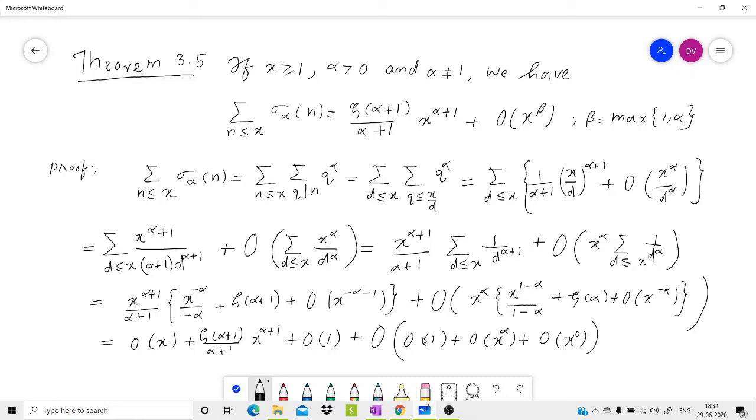So when we consider this bracket, of course, the power of x here is 0, and here the power of x is again 0. So that can be considered as O of 1, and this is again O of 1. So these two terms together constitute O of 1.